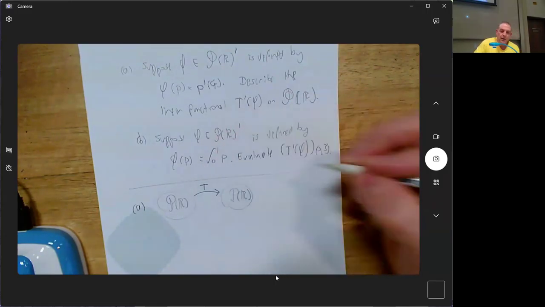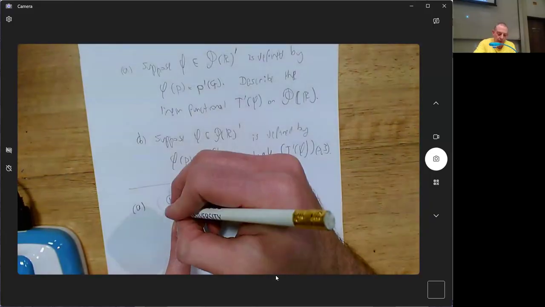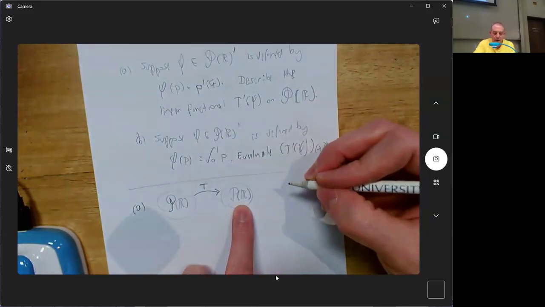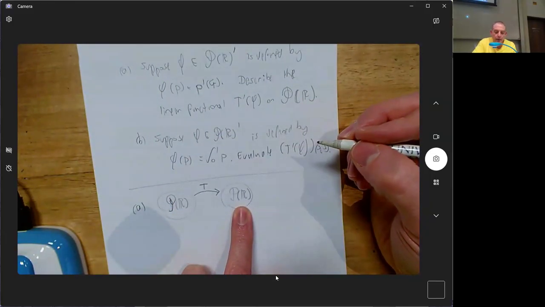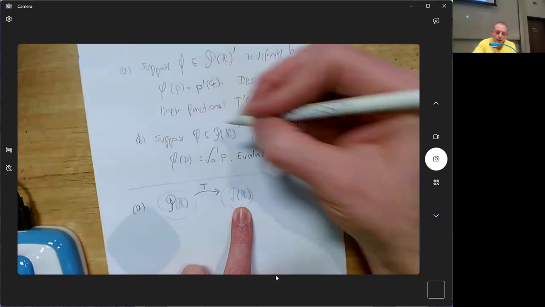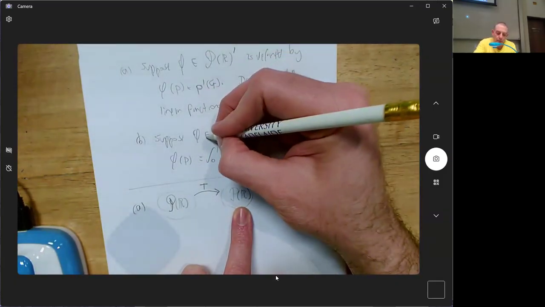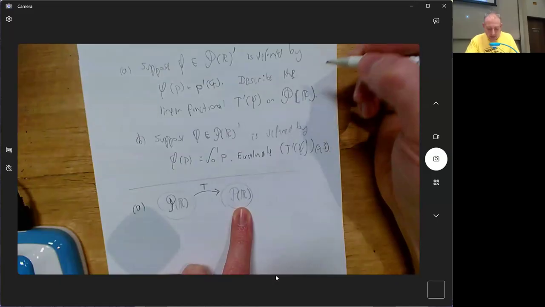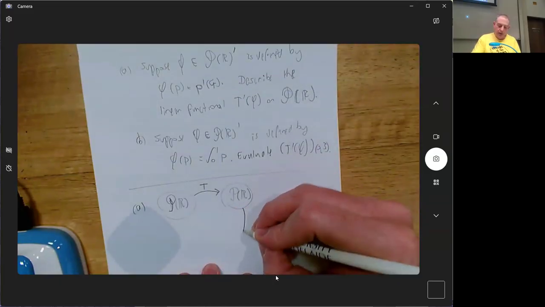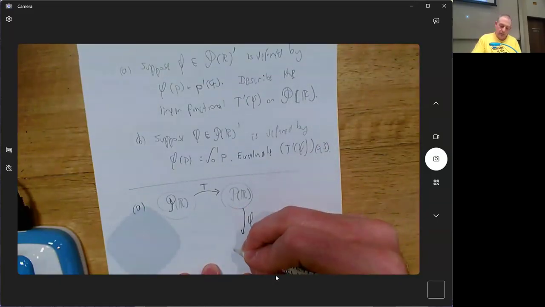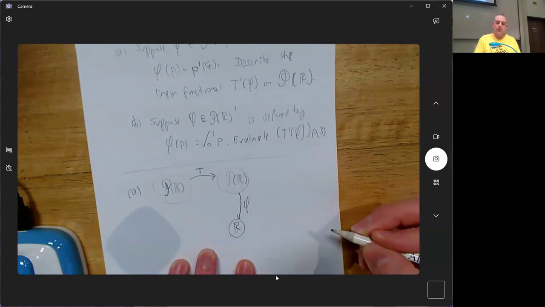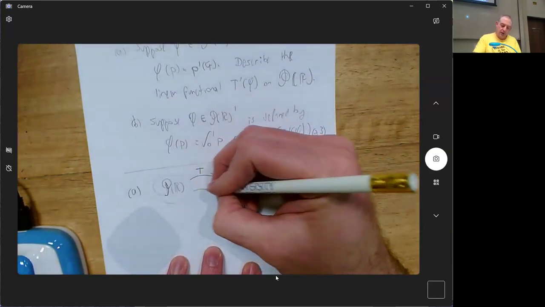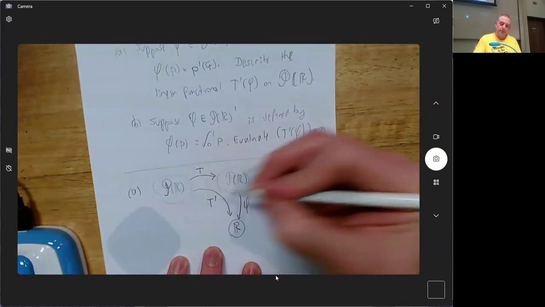So this is T. It goes from polynomials over R to polynomials over R. And then phi sends the polynomials over R to the real numbers. And T dash of phi does this.